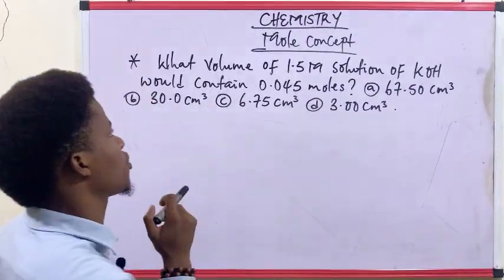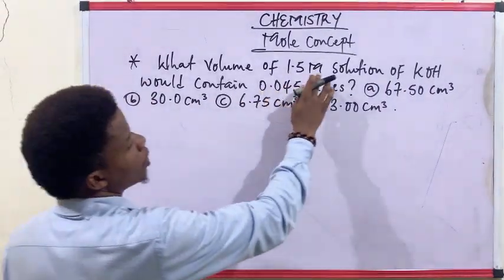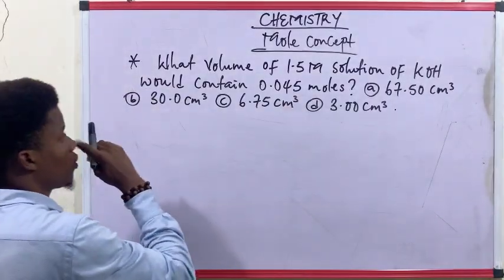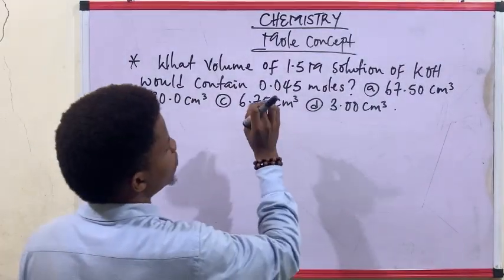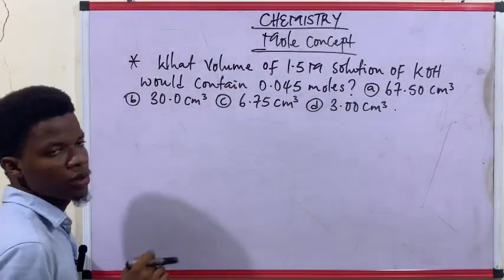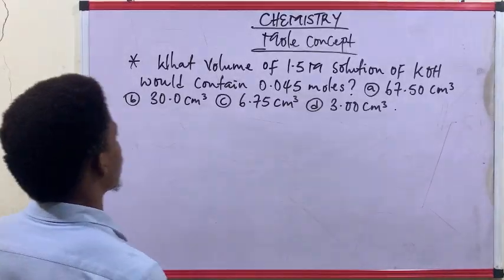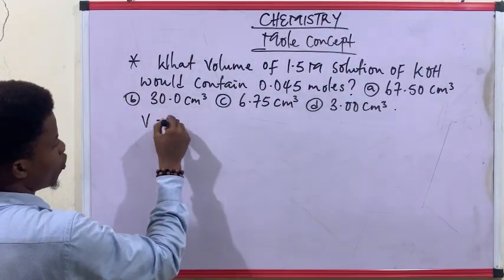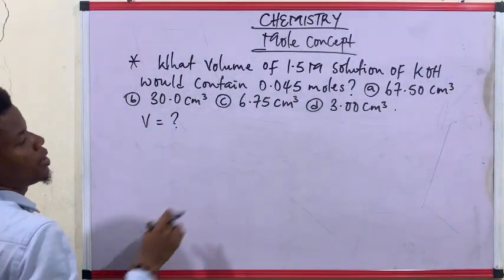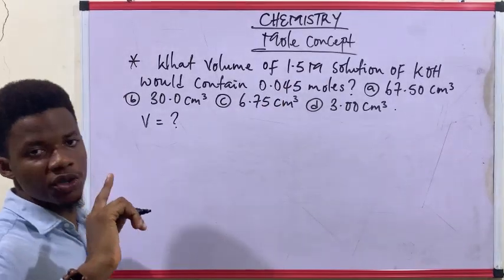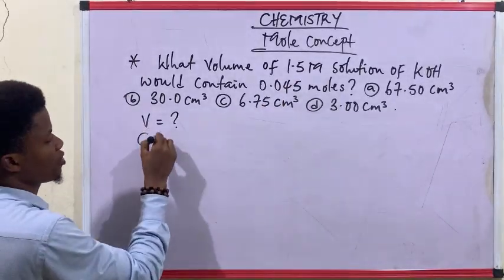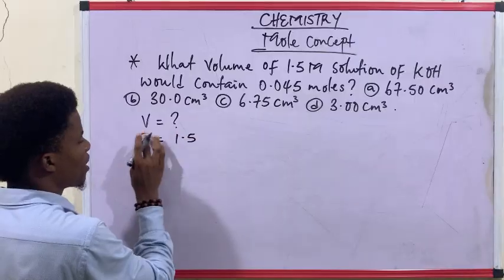Let's look at this next question. It says, what volume of 1.5 molar solution of KOH would contain 0.045 moles? So we are looking for volume. Then molar. Remember, molar is the unit for concentration. So our concentration C is 1.5.